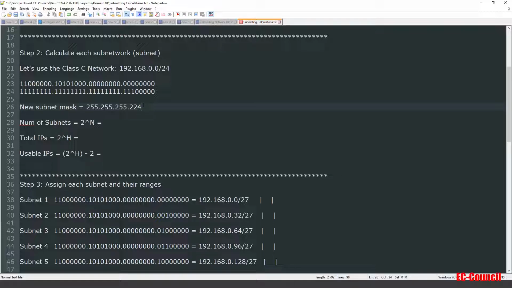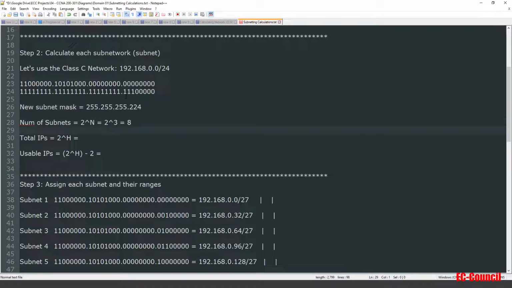To put it simply, this is 128 plus 64 plus 32, which is equal to 224. Furthermore, to set our calculation here, we can have 2 to the power, and remember we are using 3 bits now, which is 2 to the 3, equal to 8 networks or 8 subnets.